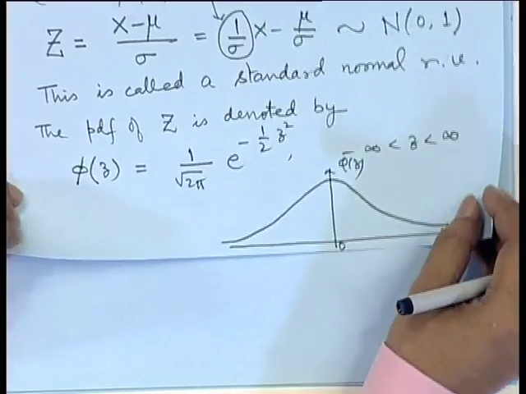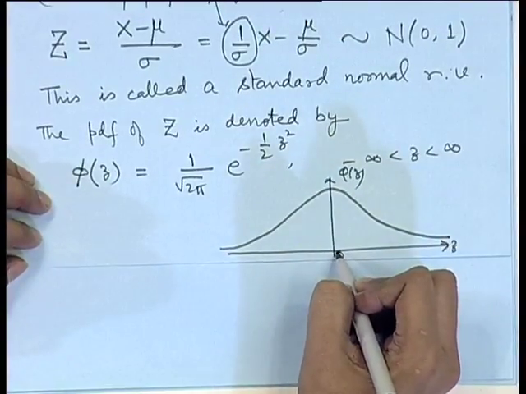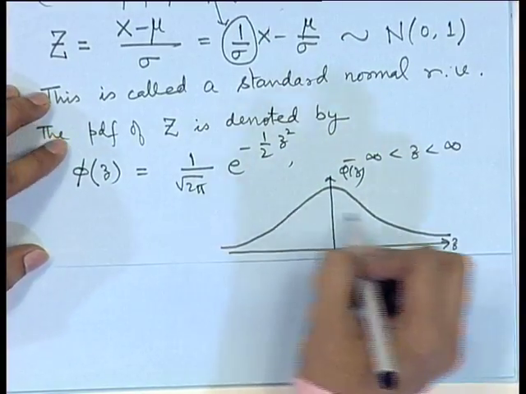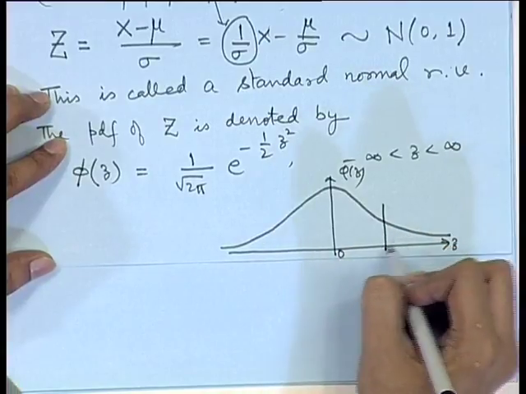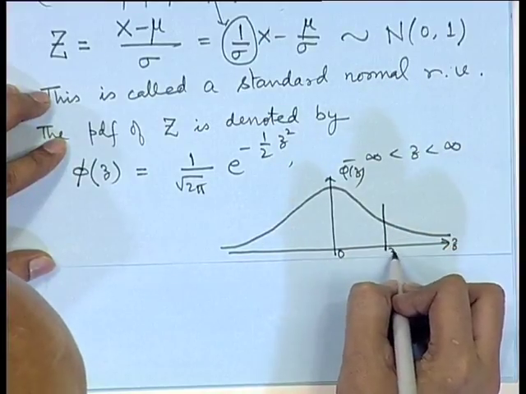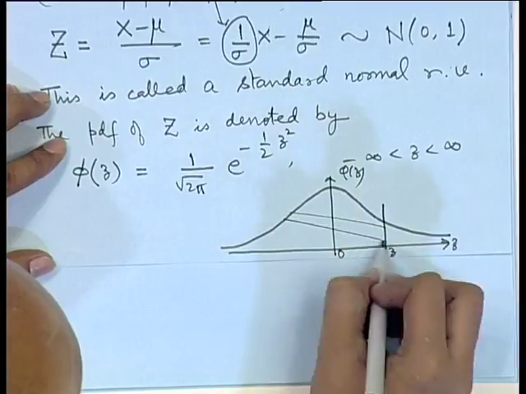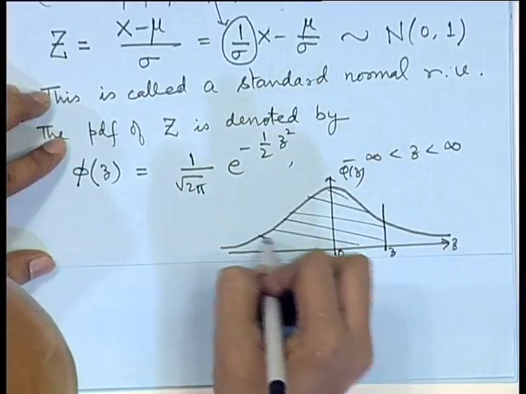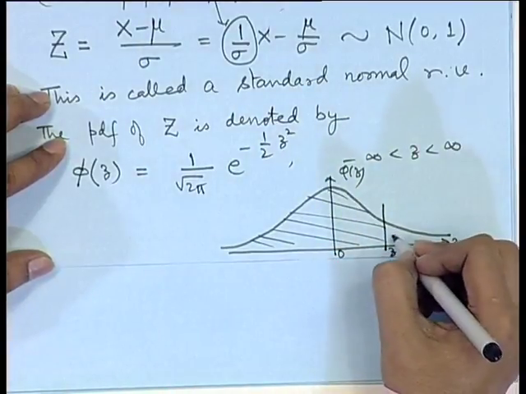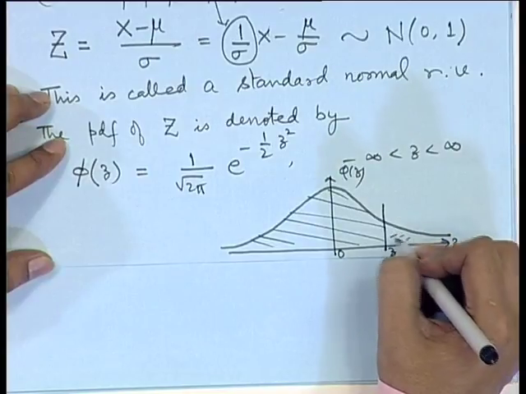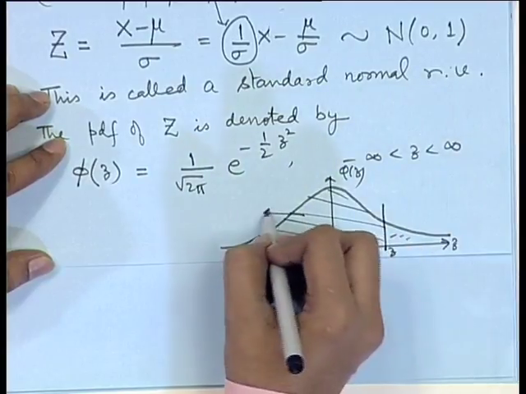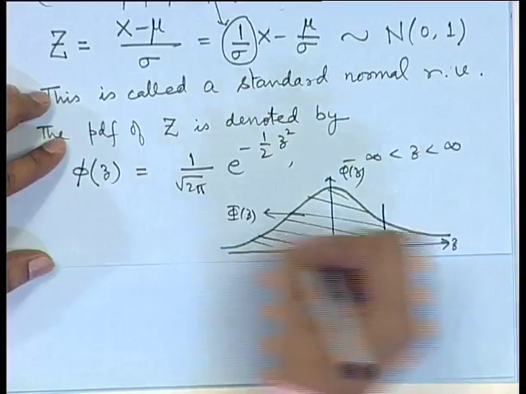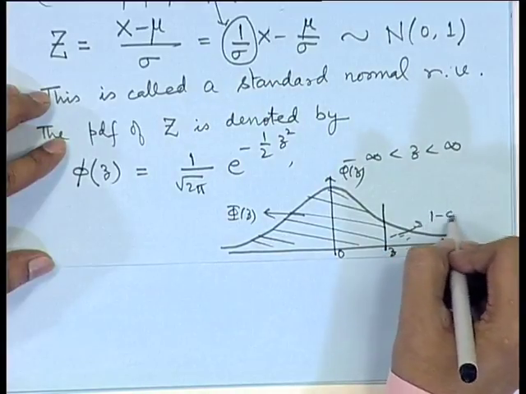The standard normal distribution is symmetric about z equal to 0. So, if this is the point z, then capital phi of z is actually this area. So, this area will become equal to 1 minus phi of z.